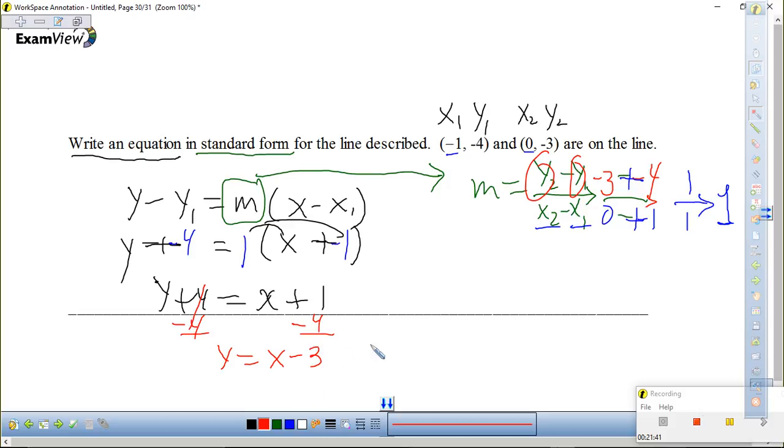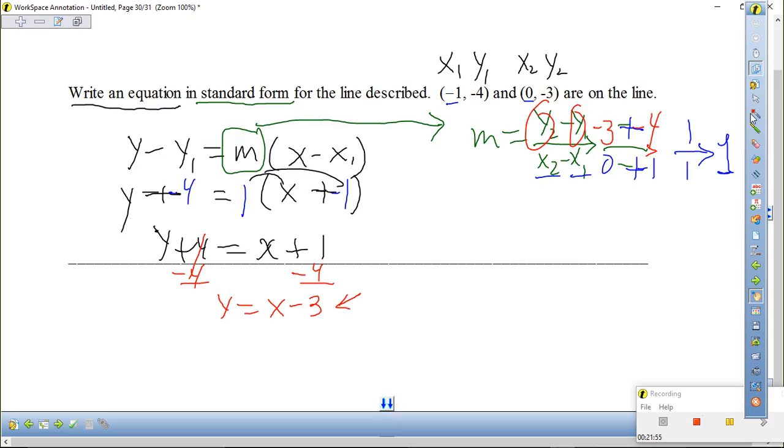Tell your neighbor the name of this form. Jennifer, what's the name of that form? Look at it.